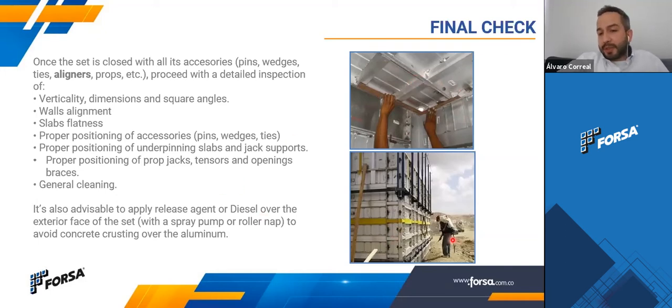It's also advisable, as you can see here, this guy is applying diesel. Why is he doing that? He's applying diesel here and inside, just to protect the aluminum and to avoid the concrete encrusting into the aluminum, and this is the easier way to achieve that.